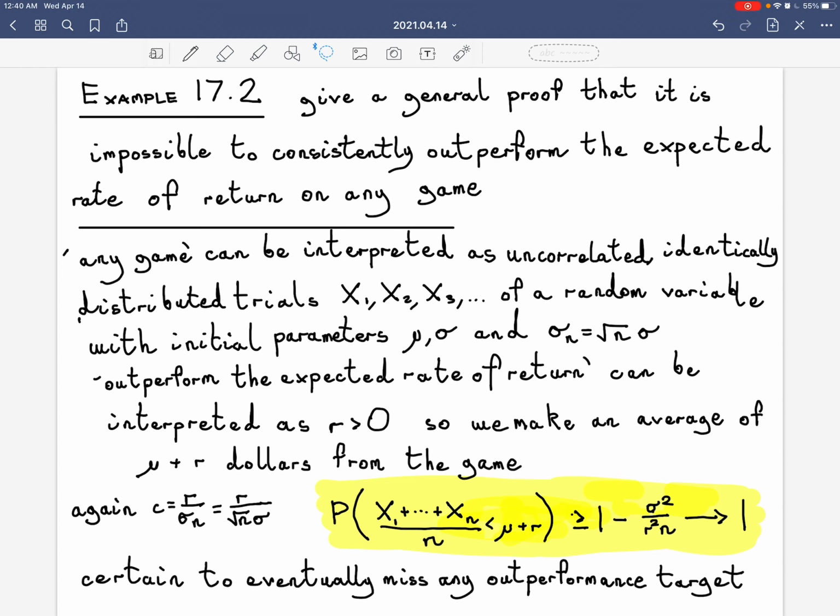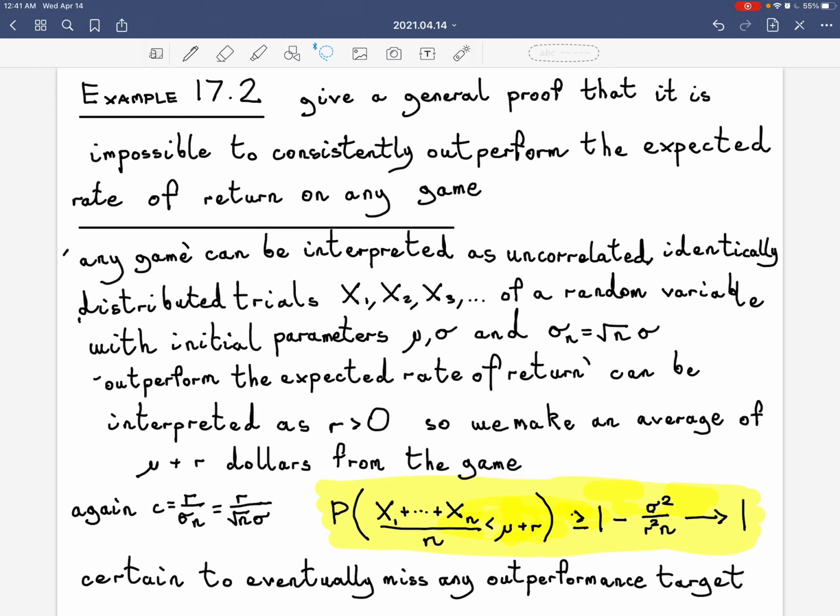So we want to interpret the idea of a probabilistic game as a sequence of uncorrelated, identically distributed trials of a random variable, where we have these initial parameters mu and sigma. And I'll just point out that I've used the word uncorrelated here and not independent.